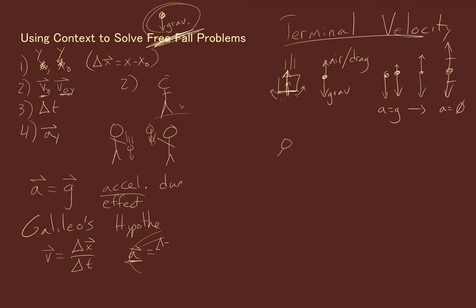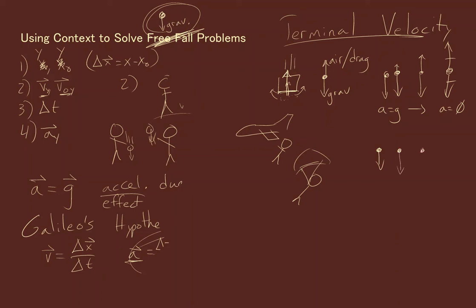Consider another instance. Maybe somebody jumping out of a plane. And they're falling, and they deploy their parachute. Well, when they're falling, again, the only thing acting on them is gravity. As they speed up, they're going really, really fast.